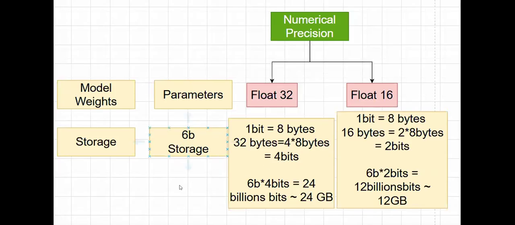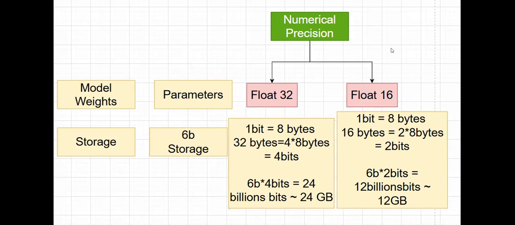Still, we are considering a 6 billion parameter model only. But in the market, there are 22 billion parameter models and hundreds of billion parameter models as well. If we consider training of such models, we might require a lot of memory.